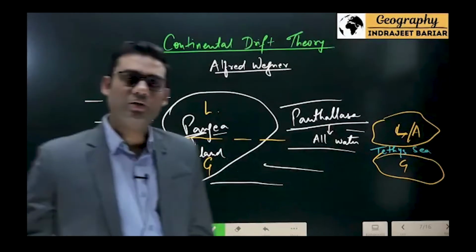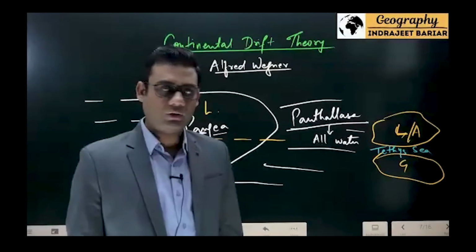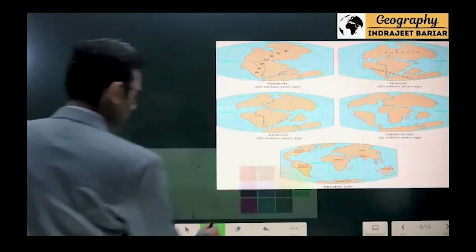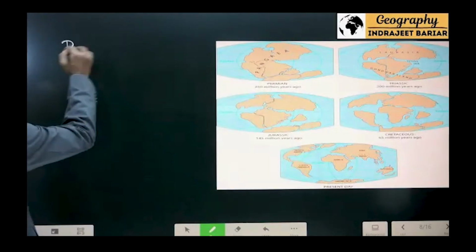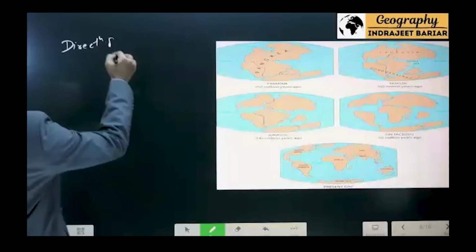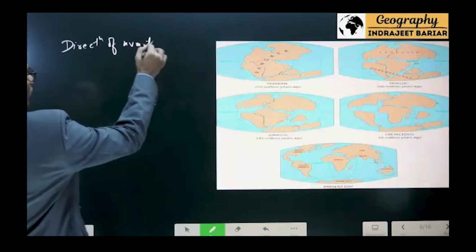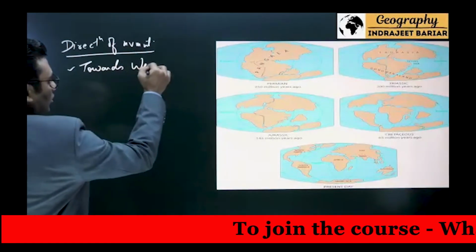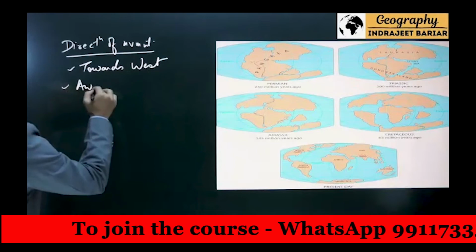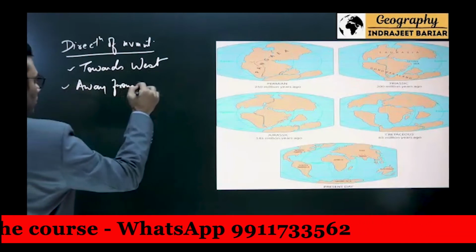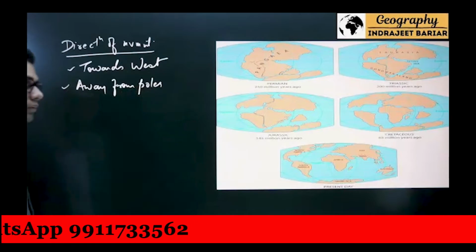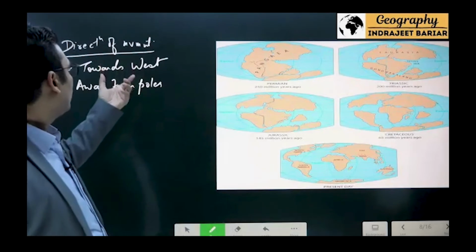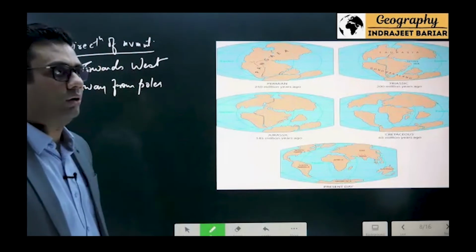After that, Wegener says these land masses started moving. One thing I have to know is the direction of movement. The direction of movement was first towards the west, and second, away from the poles.